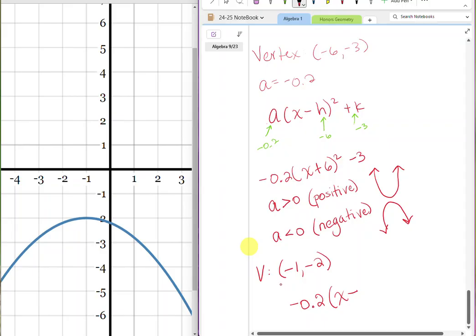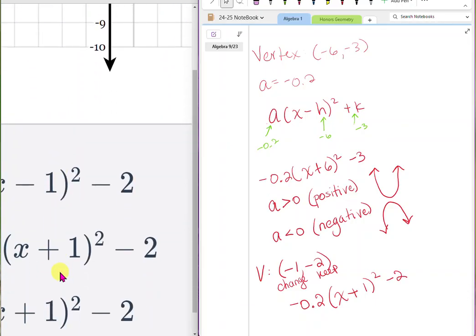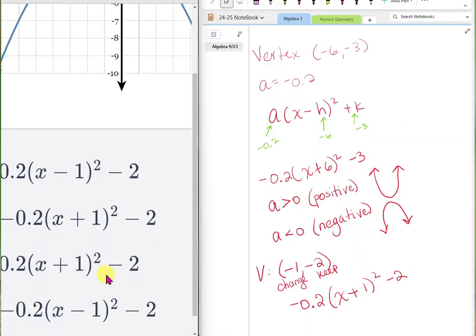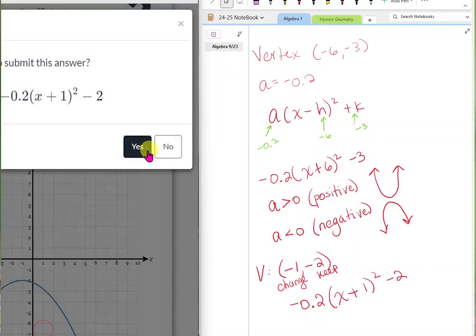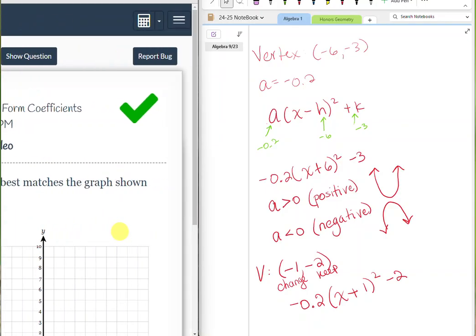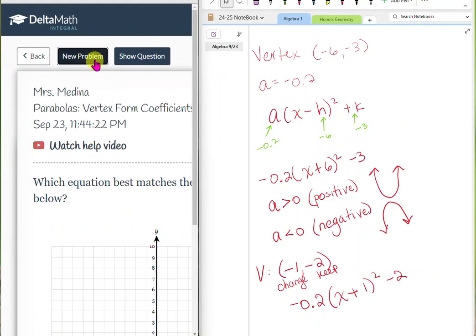So remember, we change the sign and then we keep the other. So it's going to be +1 squared, and then we keep this -2. So +1 minus 2, with a negative A. So it has to be this one. Yes, we got it right.